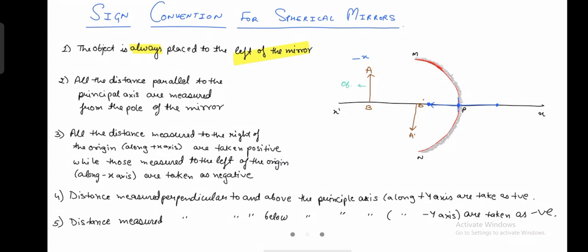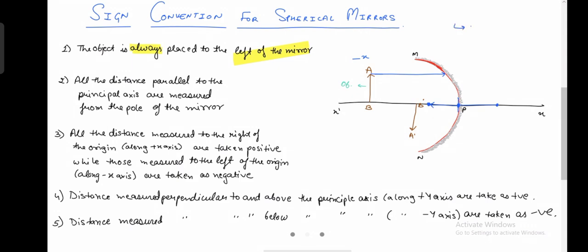Now, incident light will be coming. The same thing can be understood with the help of the incident light. If this is the object, the incident light will be coming from the object, something like this, then going to the mirror, and then reflecting back. If you are measuring any direction along the incident ray, two points are important here.